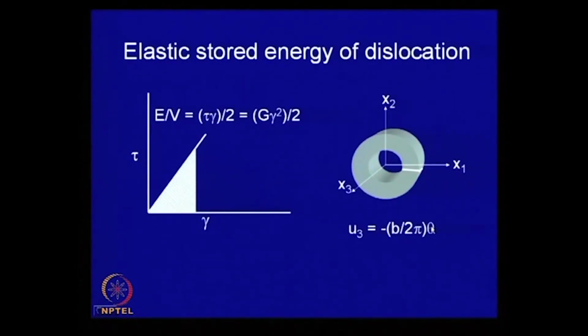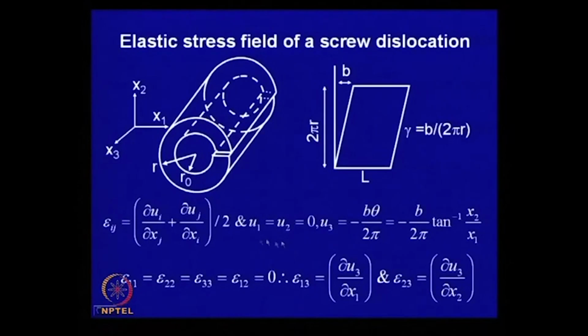There is no other displacement along x1 and x2 axis, so u1 and u2 are 0, and this theta you can also write in Cartesian coordinates as tan inverse x2 over x1.